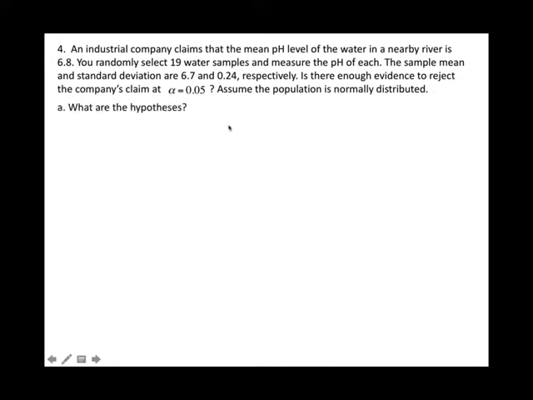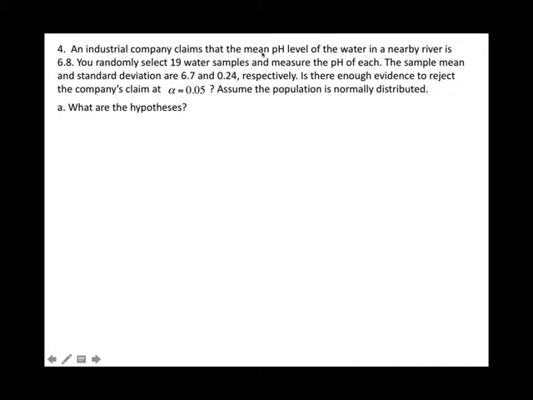So first, write down the hypothesis. Again, look at the claim statement. Which sentence is going to be your claim statement? That will be the first sentence here, right? An industry company claims that the mean pH level of the water in a nearby river is 6.8.